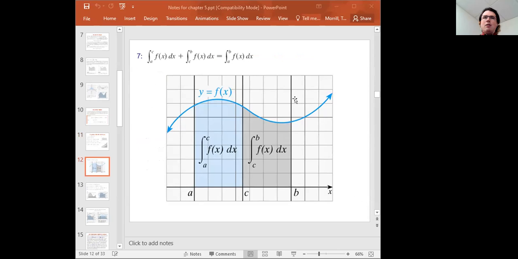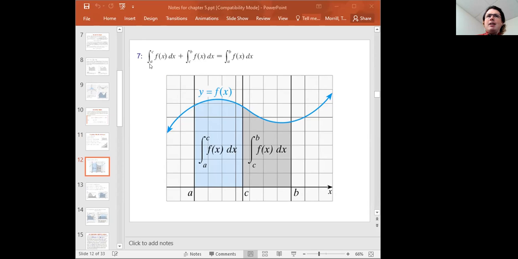Now, integrals tell us where to start and stop counting area. That's the whole point of the integration sign. The lower endpoint is where we start. The upper endpoint is where we stop.